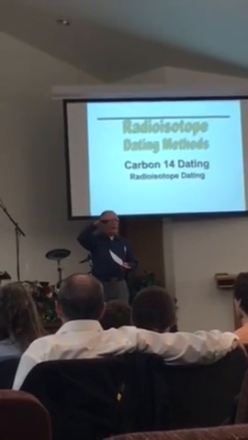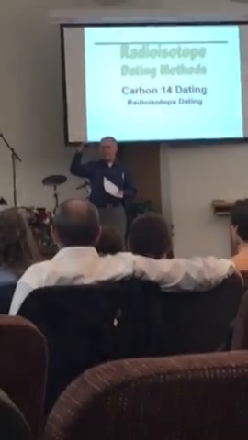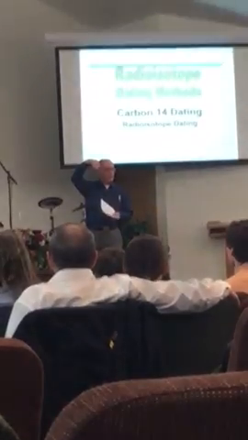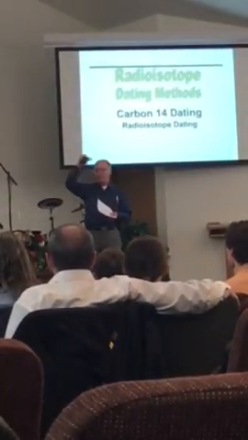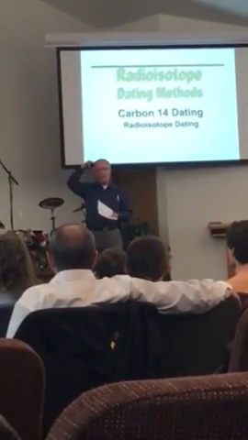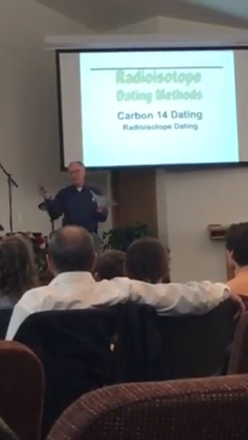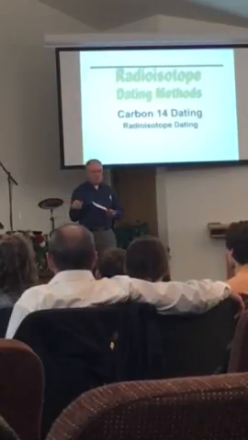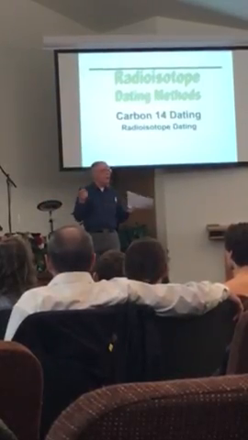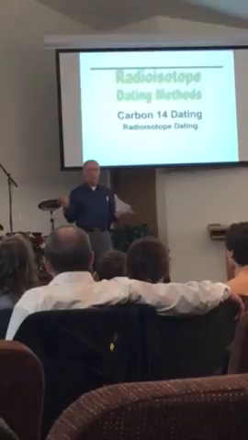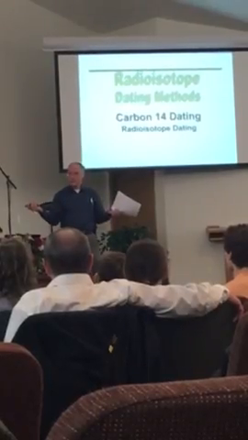Because if you start out with an atmosphere with no carbon-14, you start bombarding it with cosmic rays, within 30,000 years, it would reach the equilibrium. The rate that is being made, the rate that's being broken down would be the same. And so he said, well, I know the atmosphere is older than 30,000 years, so it has to be in equilibrium.